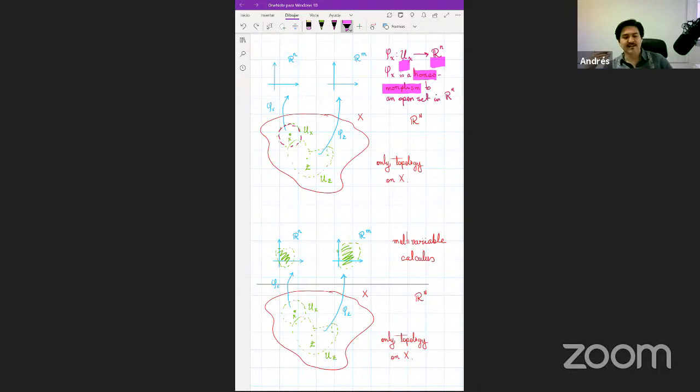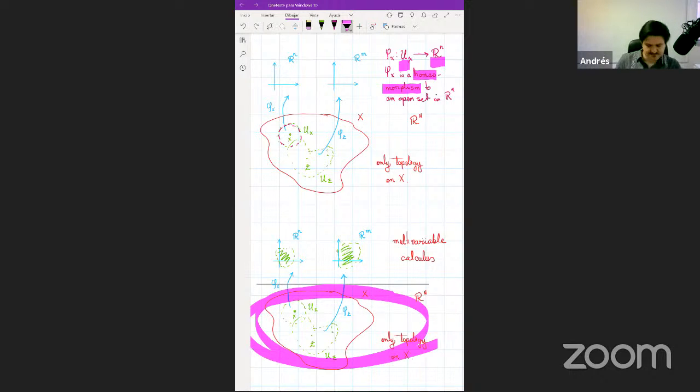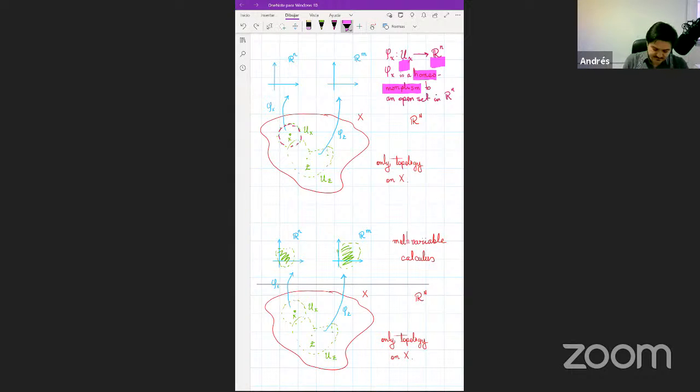And then, in order to have something of calculus here, we are going to define calculus downstairs using your knowledge above. Here you have an open set in Euclidean space. Here you have an open set in Euclidean space. And what you have is a function here.